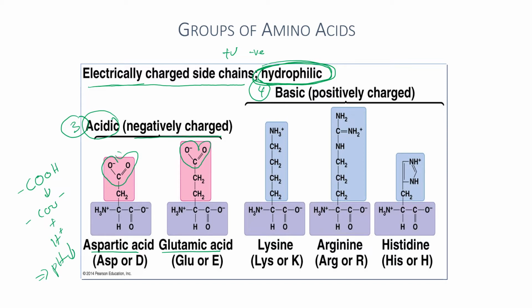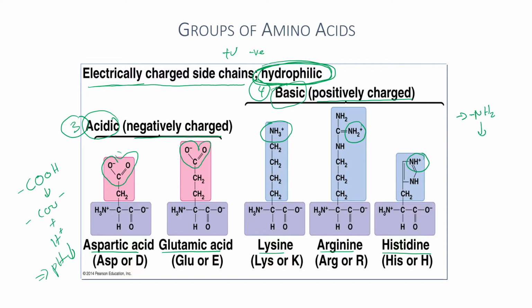And then for the basic amino acids, these amino acids have positive charge, due to the presence of an amino group at the side chain. So we have amino groups on each of these basic amino acids. We have lysine, arginine, and also cysteine. Originally the amino group is NH2.